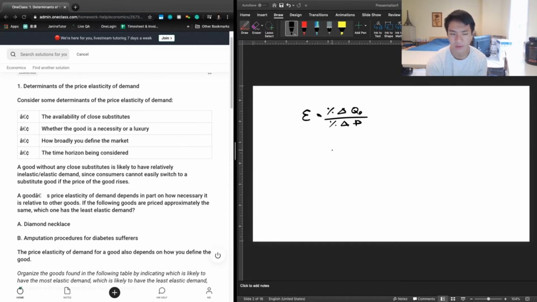And so, with those two definitions in mind, we can take a look at this first question again. It says, a good without any close substitutes is likely to have relatively inelastic or elastic demand since consumers cannot easily switch to a substitute good if the price of the good rises. This sounds like a scenario where consumers are basically almost stuck purchasing a certain good because even if the price rises, there are very few other things they can buy to substitute for this good, right?